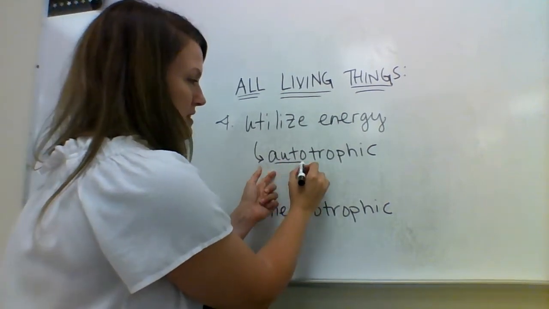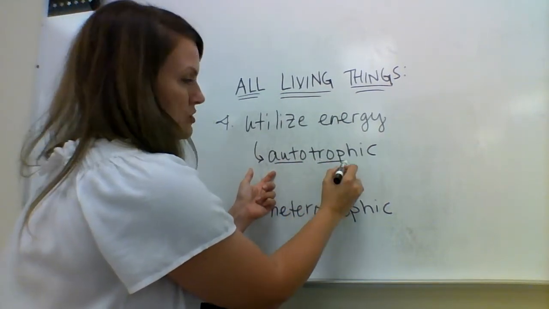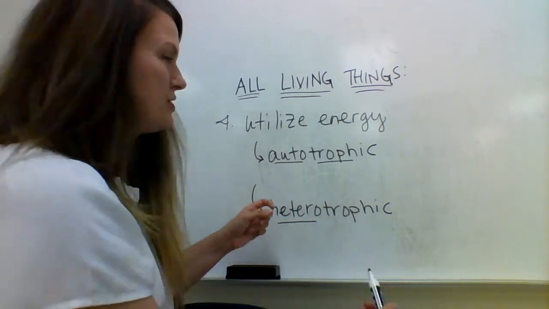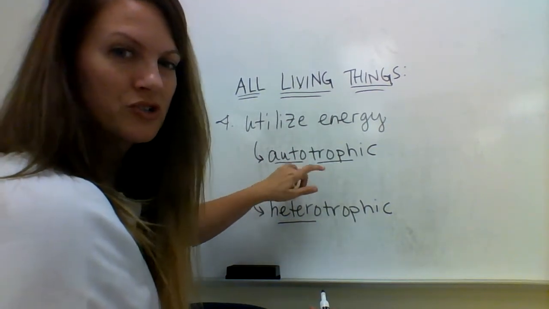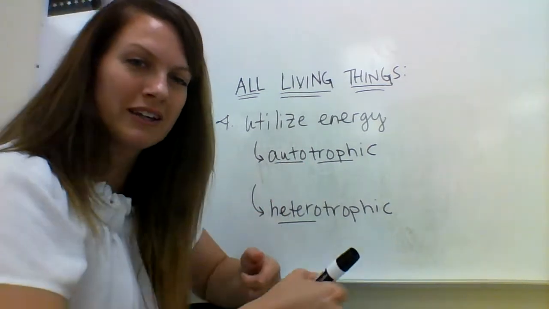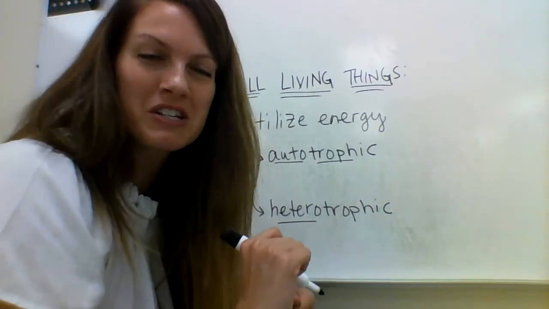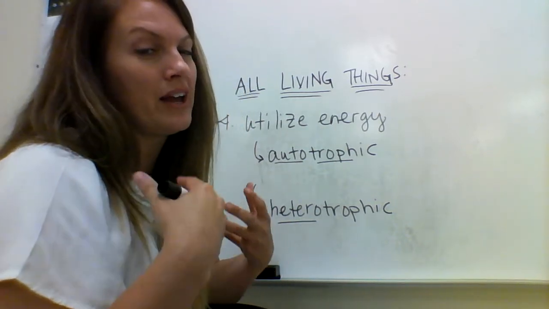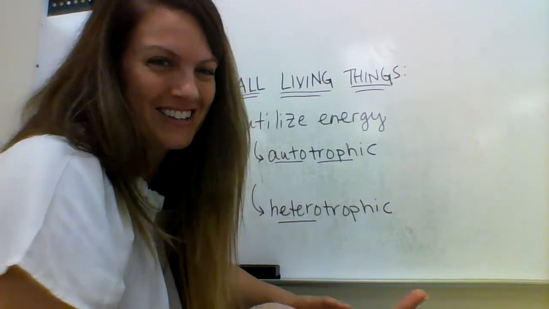Auto means self. Troph means to feed. Hetero means other. So if you're autotrophic, that means you're self-feeding. And I don't mean like you make yourself a peanut butter and jelly sandwich. I mean what's happening is that you as an organism can create your own food. Unfortunately, humans can't do that.